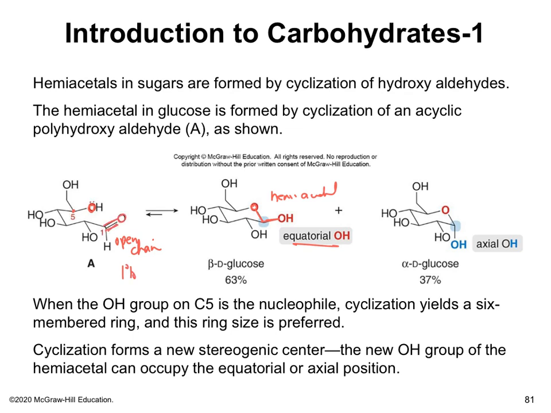This is an aldehyde, so the OH does an intramolecular nucleophilic attack to make the hemiacetal. So like I said, if this is a hemiacetal, you can break that there and see that that's an OH, and that's a carbonyl.